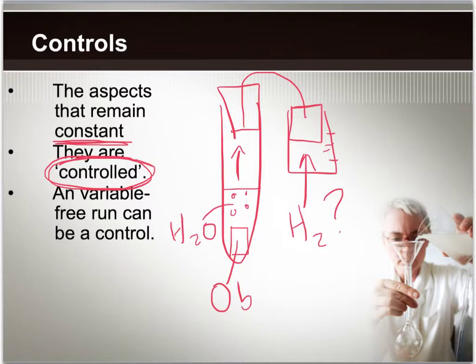If by any chance we don't get any hydrogen being produced by the water, we can now say that no, we're not getting any hydrogen being produced by that at all. So we know that there is no reaction happening, and we can say that this is a control as well.